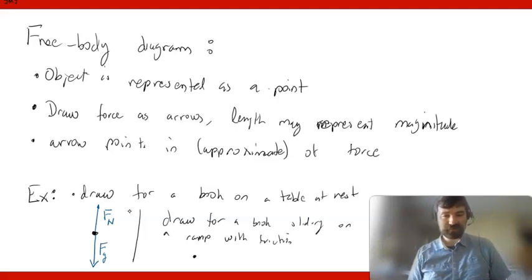We would expect again to have gravity pulling downward on the object, so Fg. Maybe my ramp happens to be in this direction, so I would expect friction in the opposite direction to the object's motion, and then I expect a normal force here.